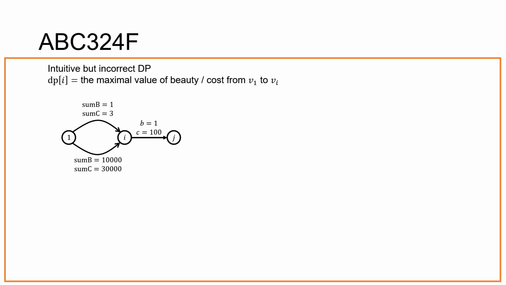The total beauty and cost of the upper route are different from those of the bottom, but the values of beauty over cost are the same. Then, suppose the path from vi to vj with the beauty of 1, the cost of 100. Then, after addition, the bottom case becomes larger, so in this case, we should adopt the bottom route.